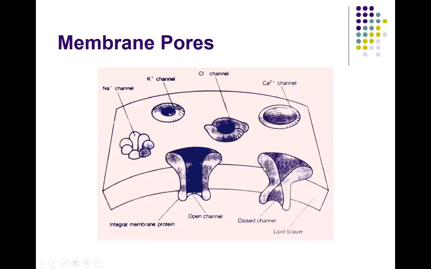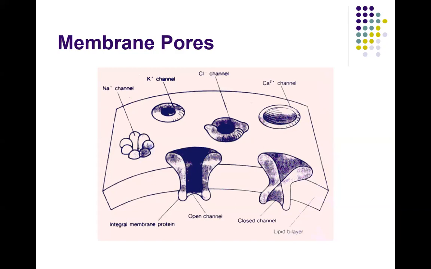All right, this is from a really old version of the book, but you can see here they're showing sodium channels, potassium channels, chlorine channels, and calcium channels. This shows that a channel can open and close. A lot of times people think we have this plasma membrane with proteins embedded in it that let all sorts of things go in and out. In reality, it's not like one channel lets anything and everything in and out of the cell.